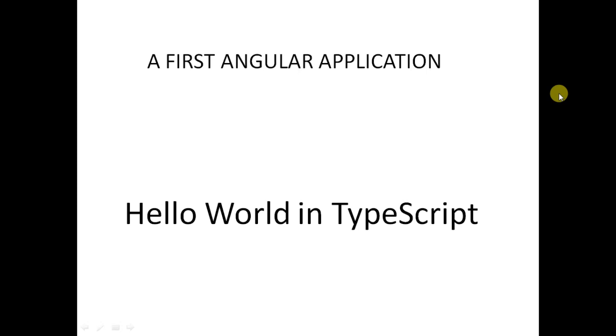The index.html file is the entry point for the application. It will contain references to the Angular framework, its dependencies, and the main.ts file, which contains the code to bootstrap your application.